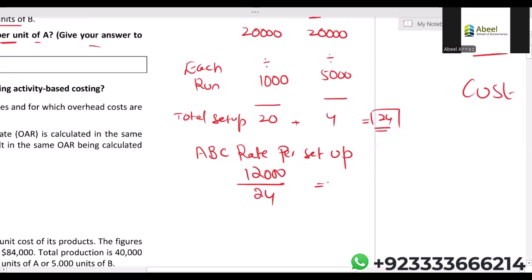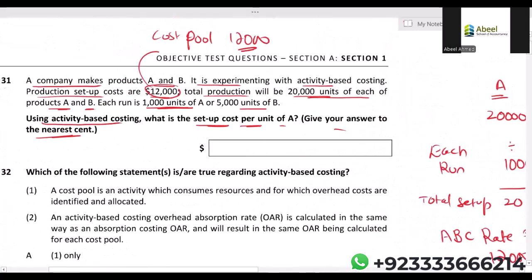Let me use the calculator. 12,000 divided by 24. So per setup it is 500. But this 500 is not our answer. They're asking us, using ABC costing, what is the setup cost per unit for A?